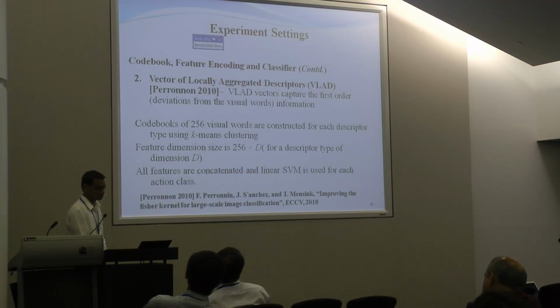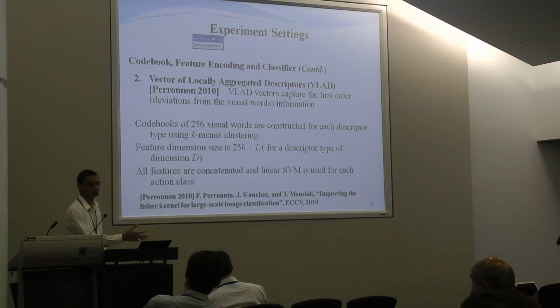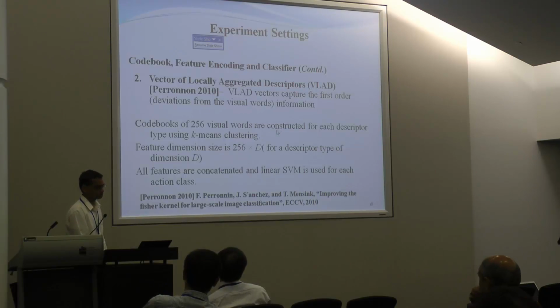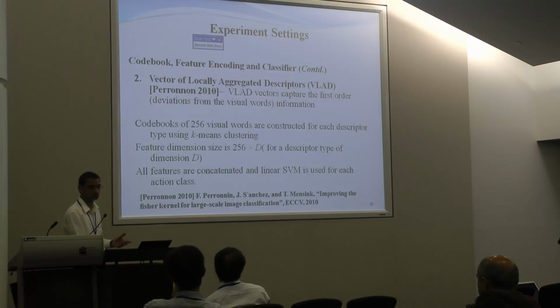The second type of feature encoding technique we used is the VLAD technique. The difference is that it doesn't just count the frequency. It tries to capture how much the descriptors differ from the visual words, so basically it's trying to capture something like first order information. For this purpose, code books of only 256 visual words are constructed using k-means clustering. Because we are using the difference, not just the frequency count, the dimension of the descriptor becomes fixed.